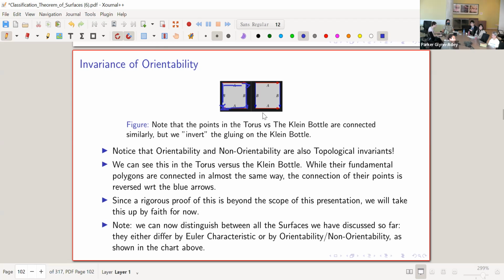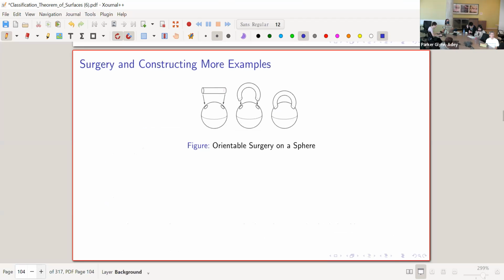So if you see, these are almost the same actually, except on the Klein Bottle, the direction of the gluing on the bottom is inverted. So we kind of change the way the points are connected in the Klein Bottle versus the torus. So they can't really be homeomorphic. So that's the intuition. We're not really going to go into a rigorous proof right now because that requires a more rigorous definition of orientability, but that's the main idea.